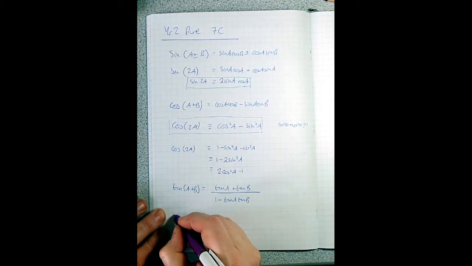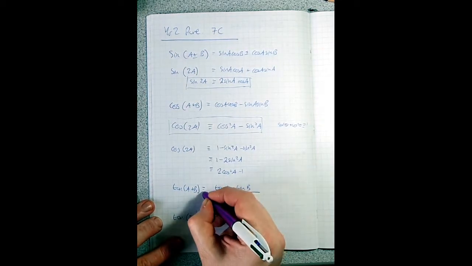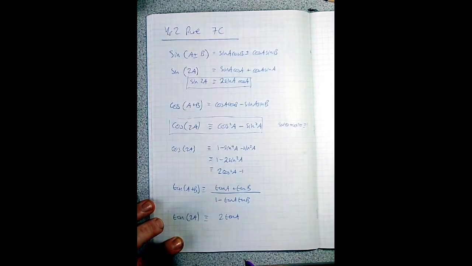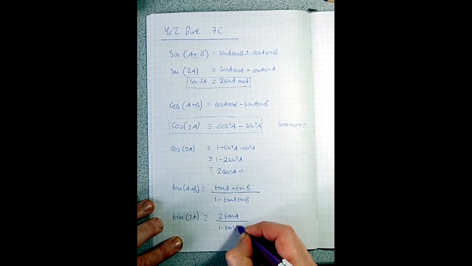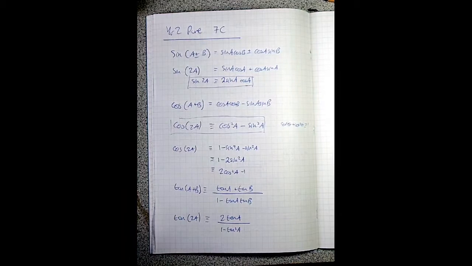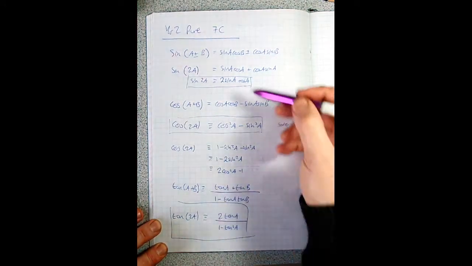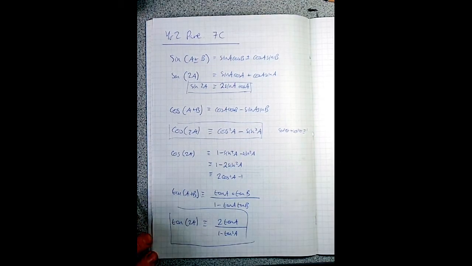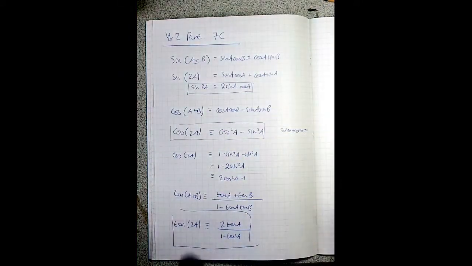And of course, if it's tan 2a, if I just replace my b with another a, well, tan a plus tan a, 2 tan a, over 1 minus tan squared a, and there is an identity for tan squared, but we'll not go there yet until later on in the chapter. So each of these, the double angle formulae, I need to know how to use, but I don't need to memorise them because they come from the addition formulae that I'm given.